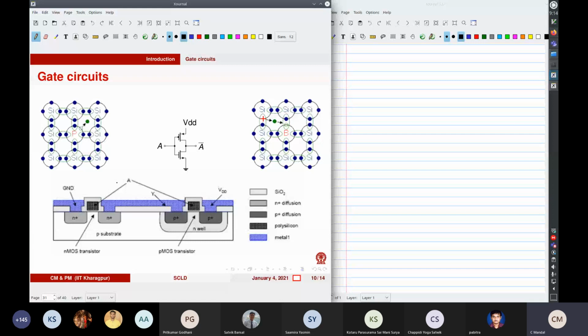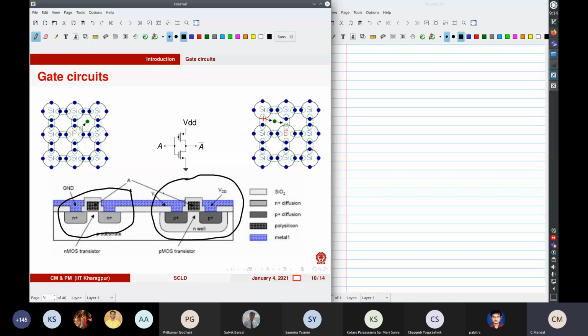So in CMOSFET circuits, you have two kinds of transistors. You can see that you have one transistor here and another transistor here, and they are a bit different.